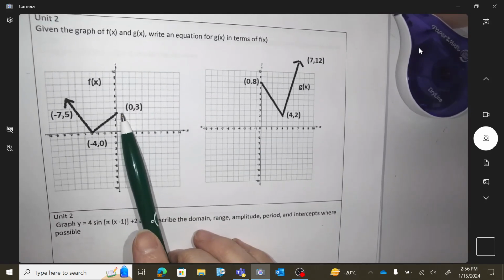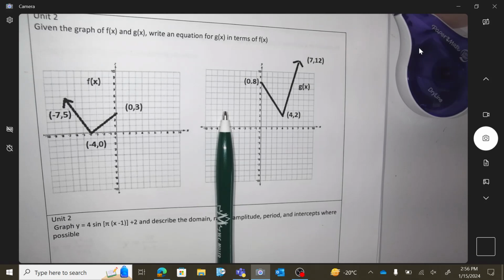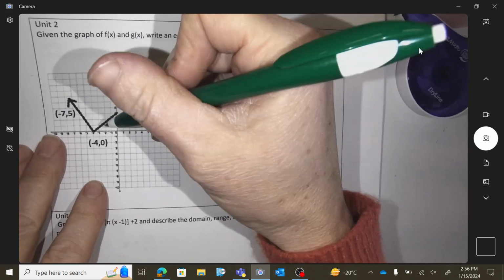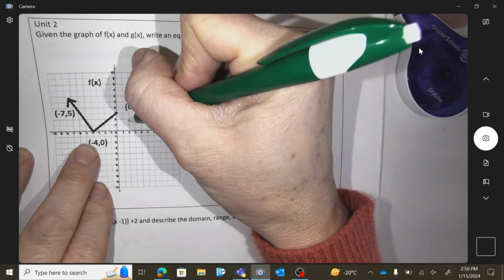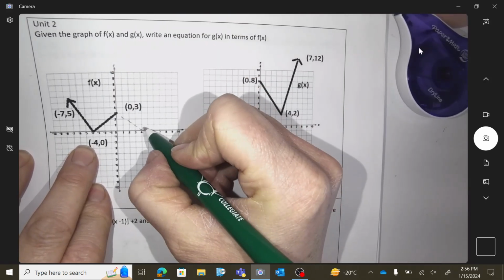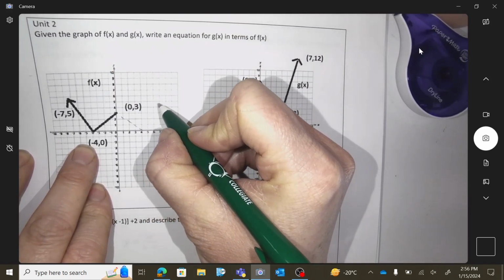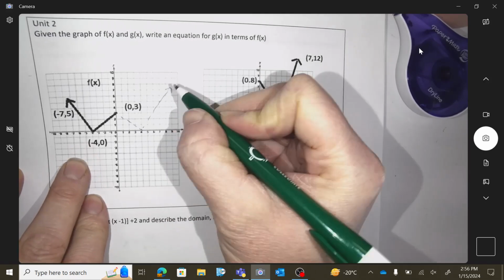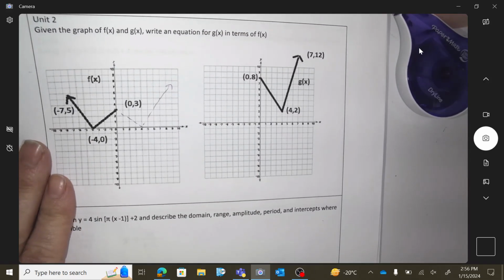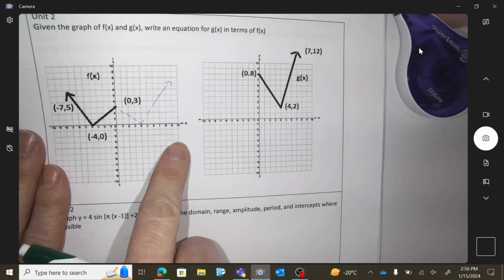So in order of transformations, do you physically see anything? I'm looking for reflections, stretches, and compressions. You see a reflection. Okay, I'm going to do that then. You told me you saw a reflection, so I reflected it.